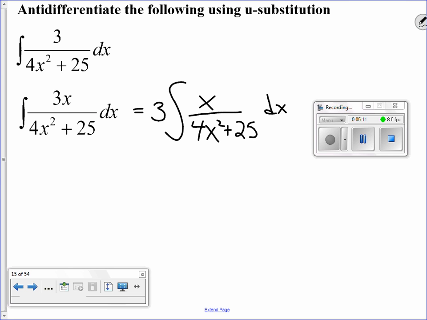Take a look at that and see if you have any ideas. Think about a formula that might work with this one. Any ideas?